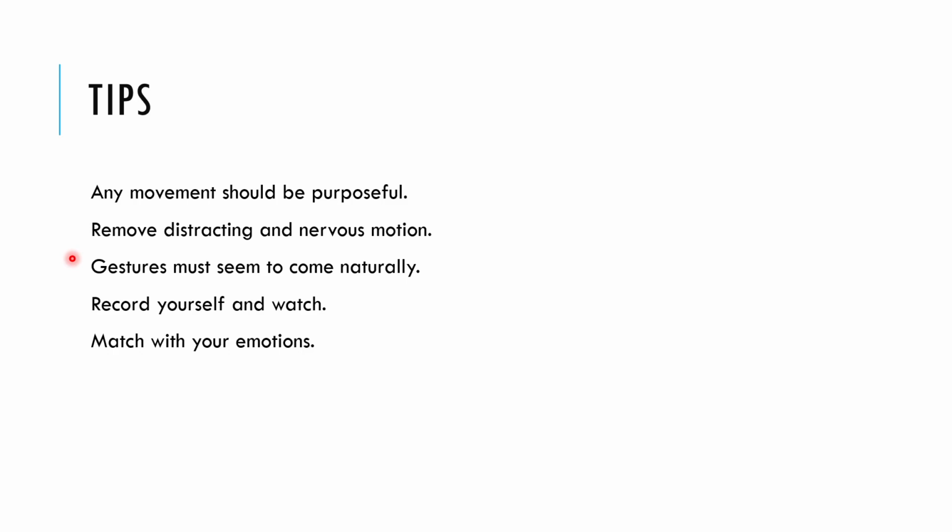Now, this happens when you practice your speech very much. So, one thing that you can do is to record yourself using your phone and watch it again, and then once again record and watch it again so that you perfect this delivery. So, using gestures and voice variations must come naturally to you and they come by practice.